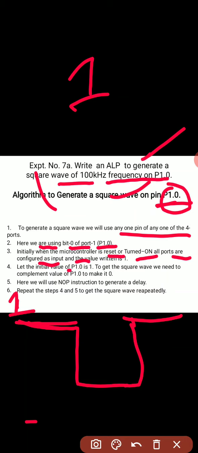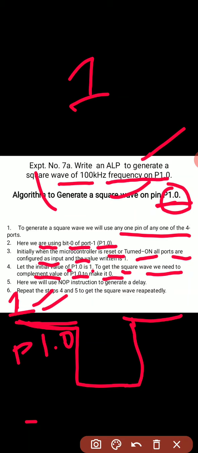Let the initial value of P1.0 be 1, because all are configured as input ports, which means the value is equal to 1. To get the square wave, we need to complement the value of P1.0. Initially it was 1; to get 0, we need to complement this 1.